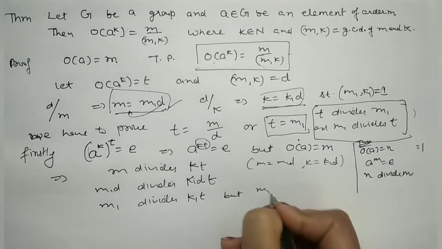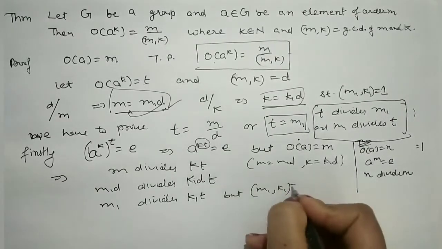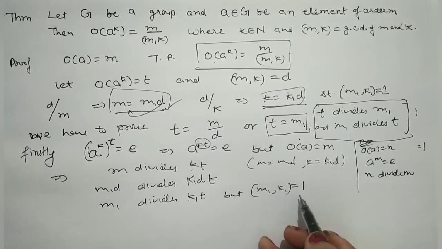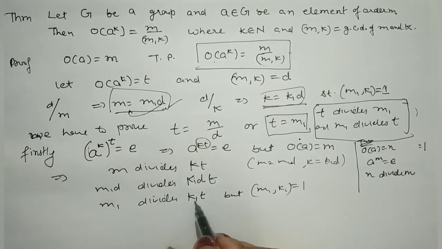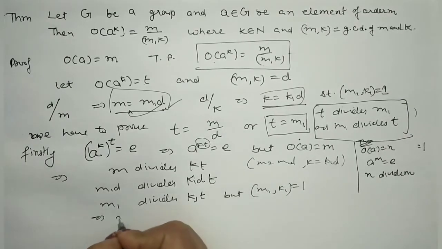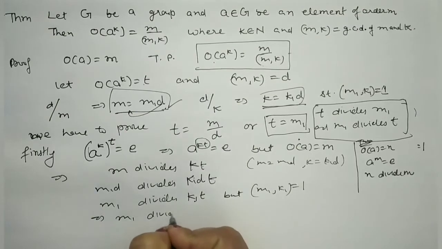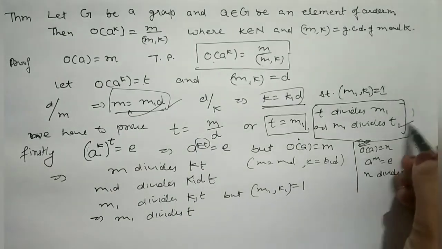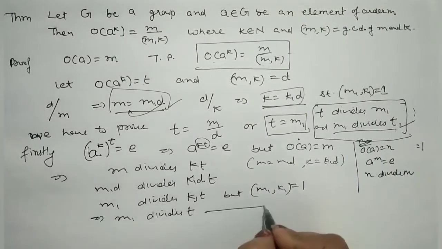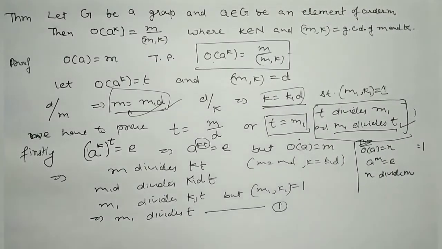But GCD of m1 and k1 is 1. GCD means greatest common divisor. There is nothing common in m1 and k1. That means m1 cannot divide k1. Therefore, what is left? m1 will divide t. That proves our one part. m1 divides t. We name it as number 1.